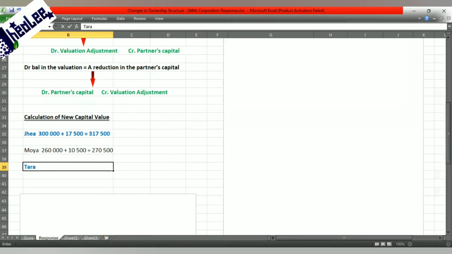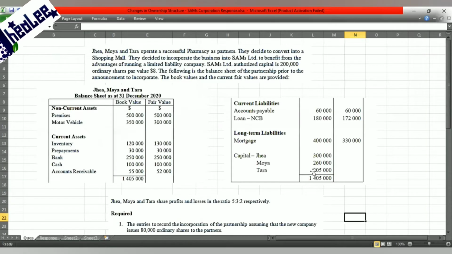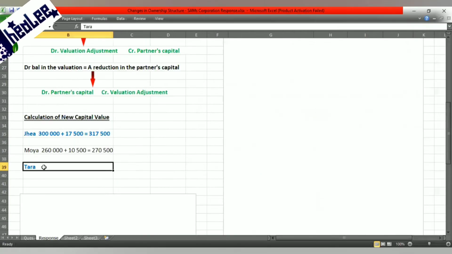we need to look at our original capital balance, and that was 205,000. So it is 205,000 plus the 7,000 gain that she got.